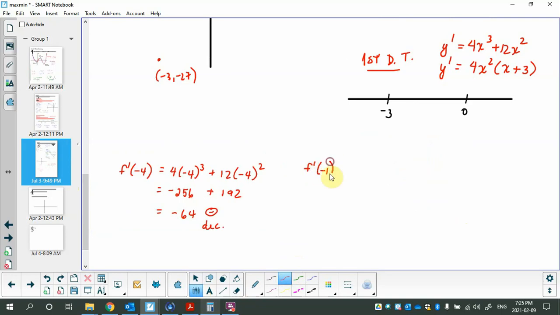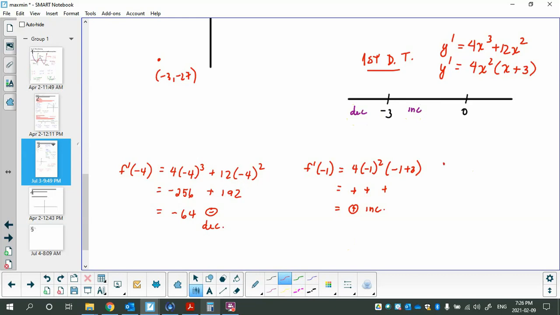I'm going to pick -1, and I'm going to put it in this. Because I know that 4 is positive. And if I multiply a positive by this, which is also positive, and I multiply it by this, which is also positive, I have a positive value times a positive value times a positive value, which is a positive value, and that means I'm increasing. And I recommend that you put that information literally on your number line.